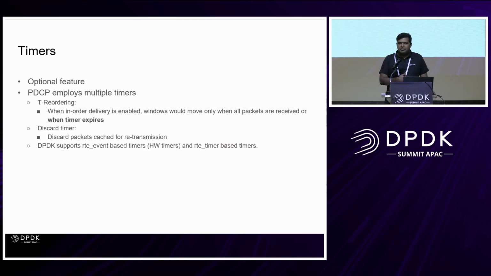If all the packets up to that point arrive before the timer expires, then the PDCP entity can stop the timer and continue. If the packets are not received on time, then the PDCP entity is required to push all the packets that it has cached to the upper layer, and update all the state variables accordingly. So this is regarding the t-Reordering timer.